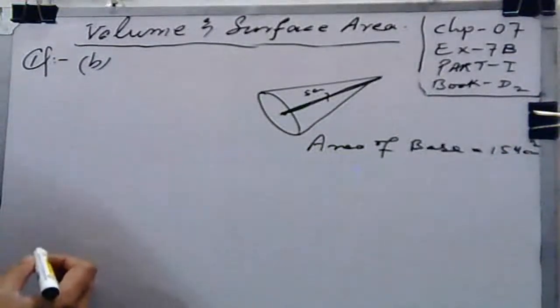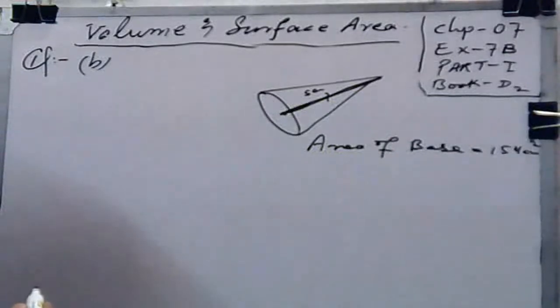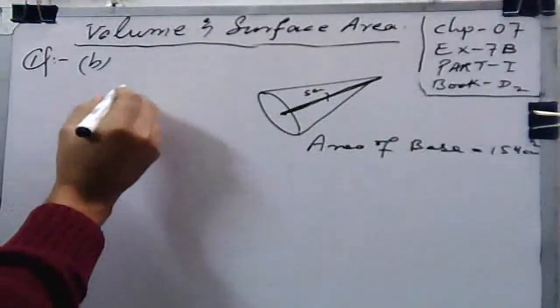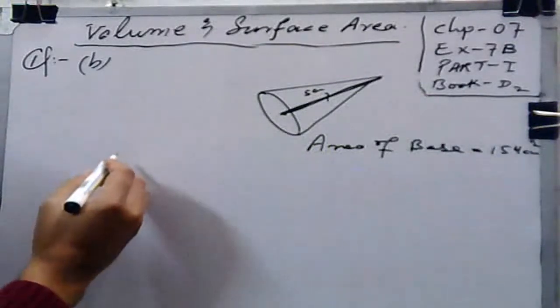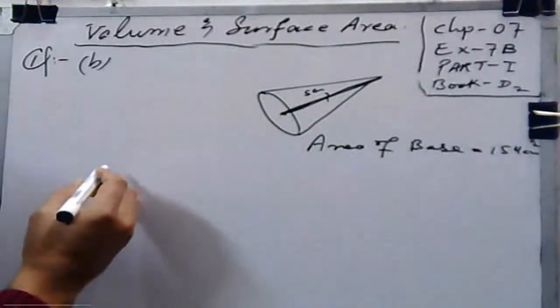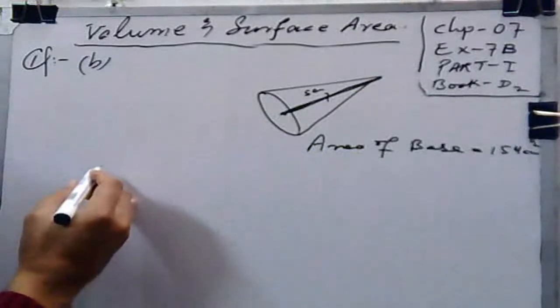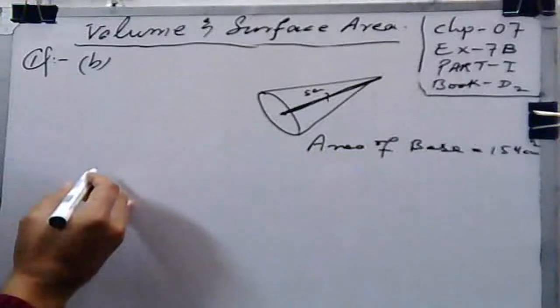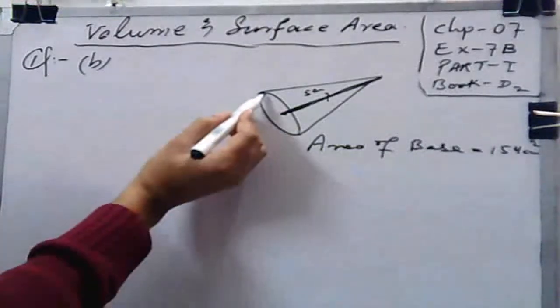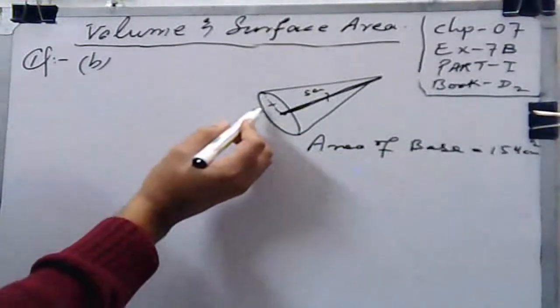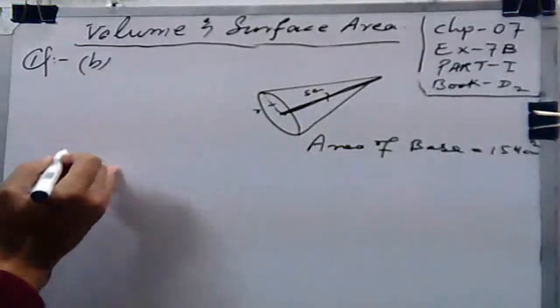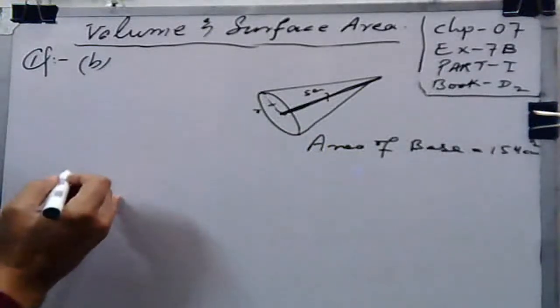Since it has been given to us that area of base is 154, and since we have a formula for volume of cone, because we don't have the value of r, if I first find the value of r, then we can easily calculate the volume of cone.